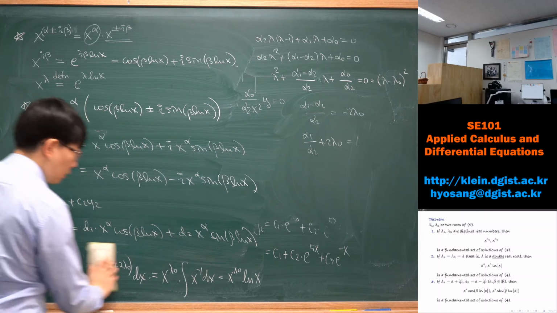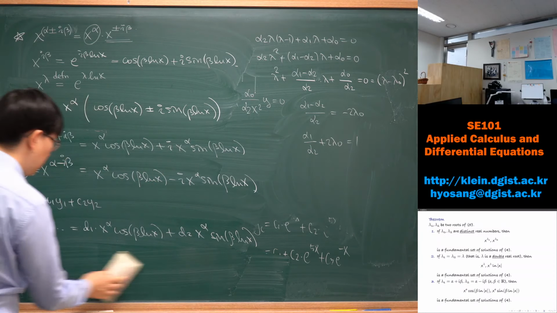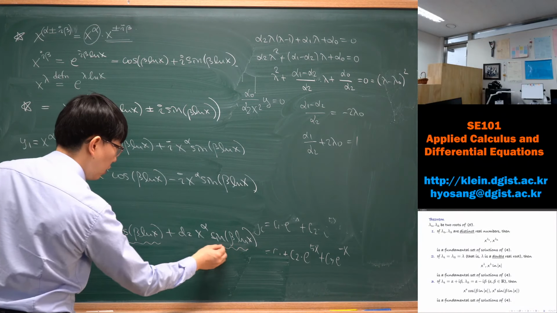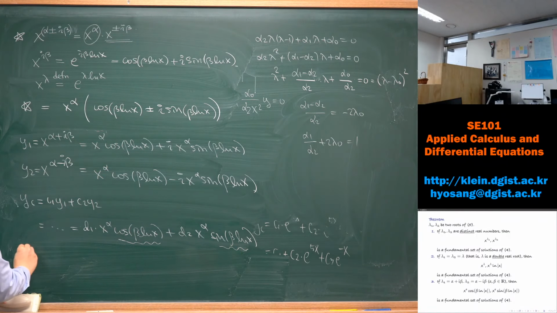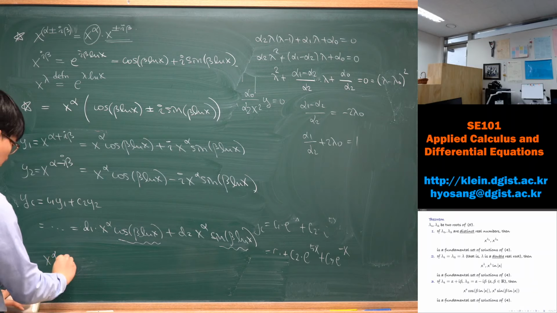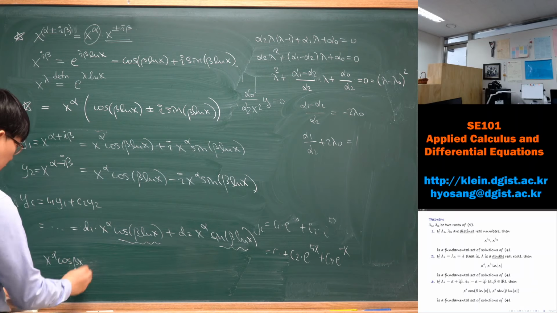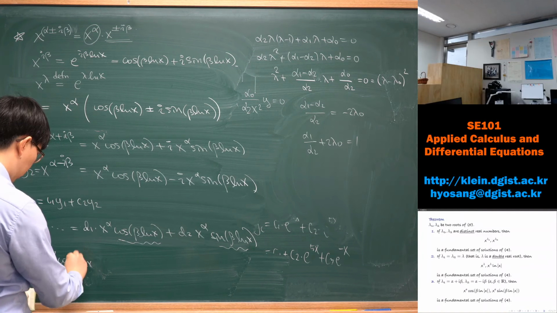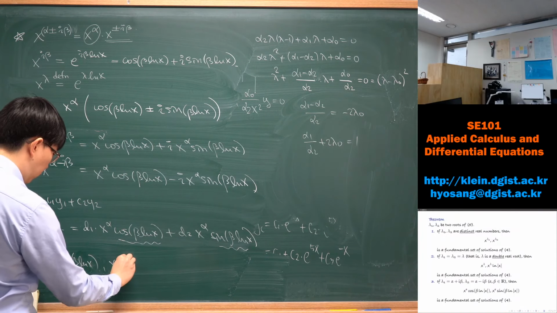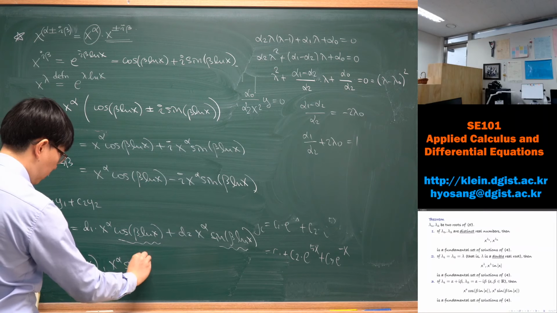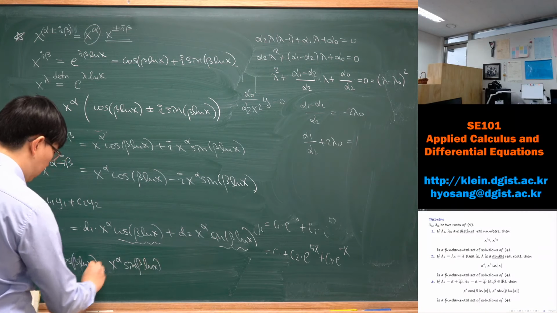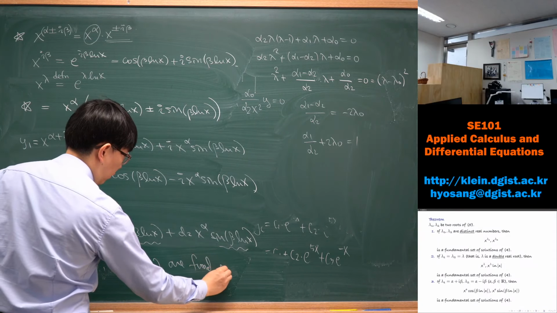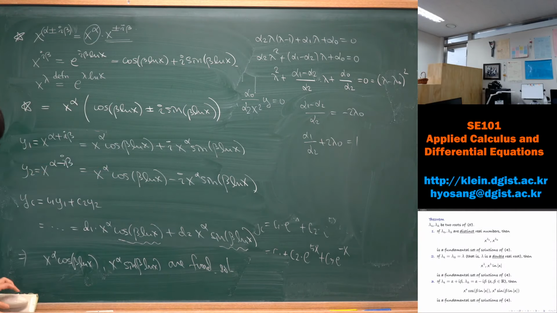So you can take these two functions, x alpha cosine beta ln x and x alpha sine beta ln x, as the fundamental set of solutions.